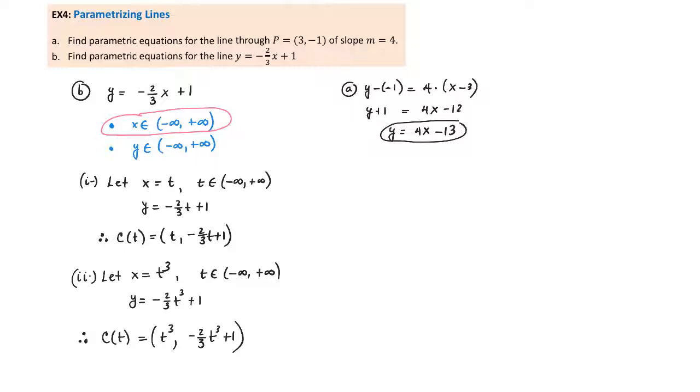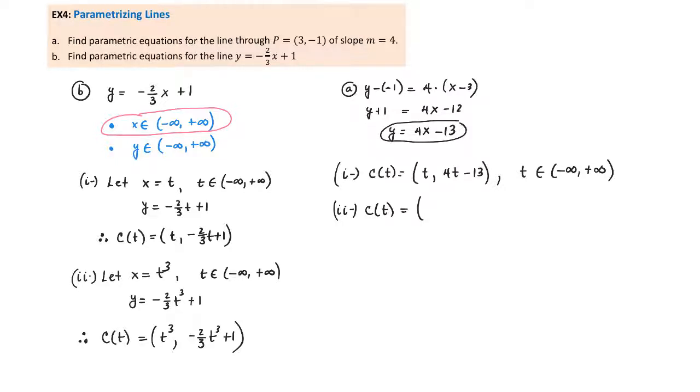Now, parameterizing becomes straightforward. The simplest way to parameterize this curve is practically then to let x be t. So then you would have t, comma, 4t minus 13, where t is going to go from negative infinity to positive infinity. And then the other way, just as we did in the previous part, we are going to let x be t cubed.